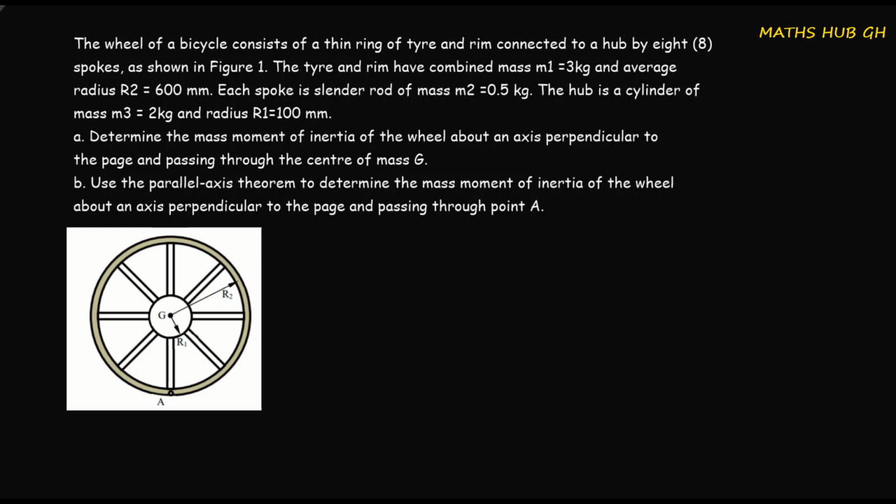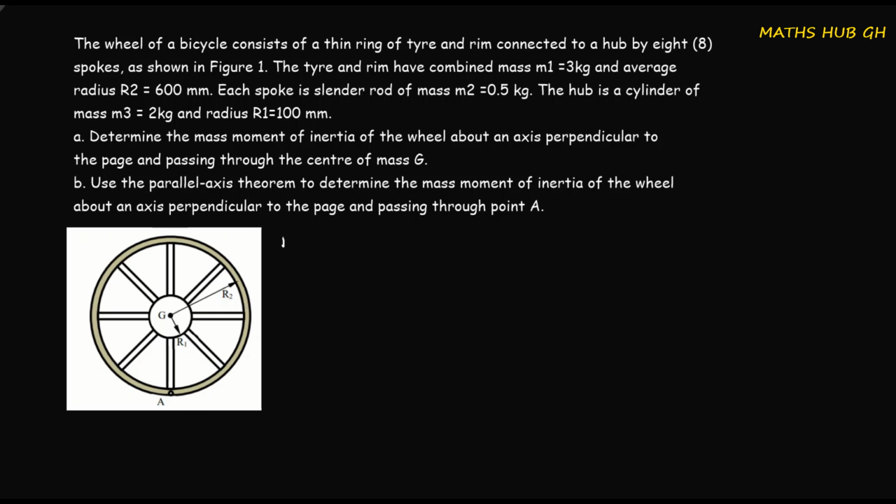So the first thing you're going to do is convert the unit for the length to meters. We have 600 millimeters and then we have 100 millimeters. So let's change these values into meters.